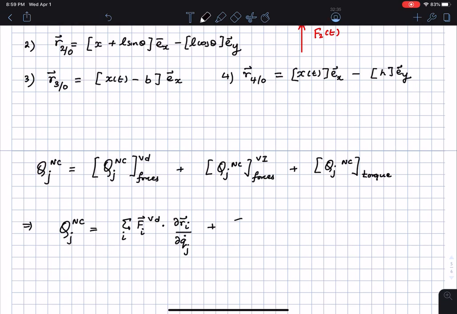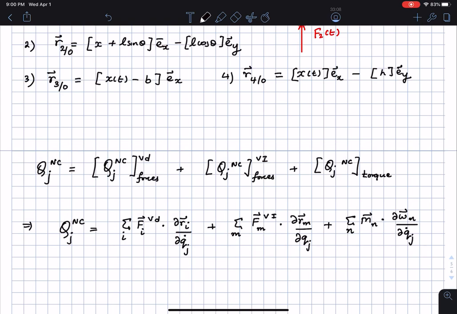Then a summation over a different index, say m, of f_vi,m dotted with dr_m by dq_j dot, and then lastly the sum of all the torques acting on this body, summation over n of M_n dotted with d omega_n by dq_j dot.